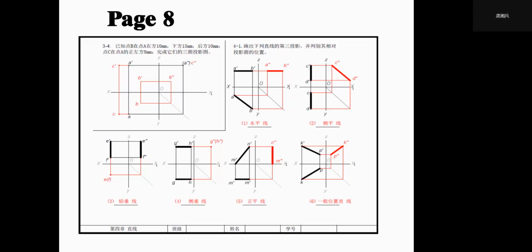In this one, I just tell you for the accumulated point, you use the left, right, top, below, front and back to define the visibility. So this one is very important for you to show me which one is visible, which one is not visible.